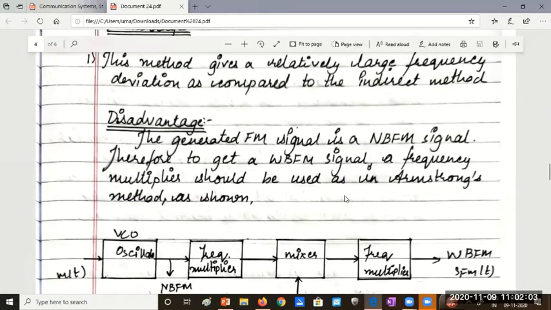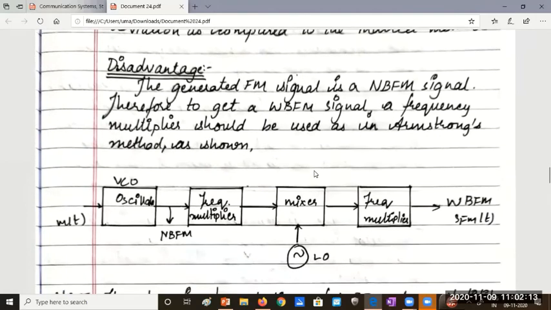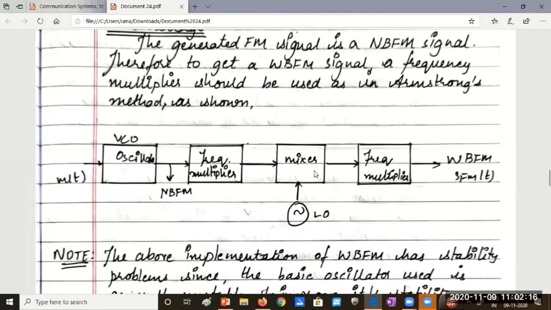Okay. So in order to generate wide band FM from the narrow band FM, which is generated in this Hartley oscillator, we are going to use the indirect method of FM generation, which is also called Armstrong's method. In the indirect method of FM generation, also known as Armstrong's method, we can overcome the disadvantage of generating a narrow band FM.